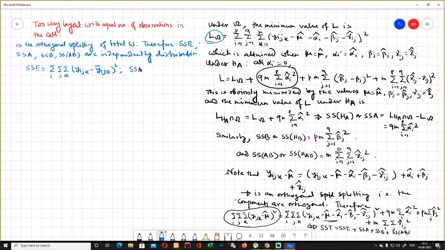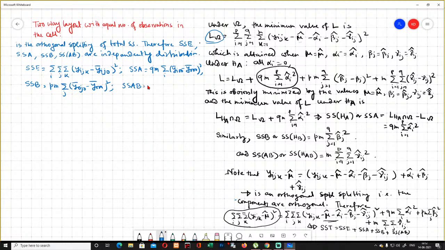SSA is Qm sum over i of y i naught bar minus y naught bar whole square. SSB is Pm sum over j of y naught j naught bar minus y naught bar whole square.